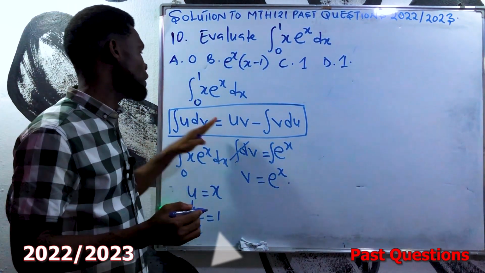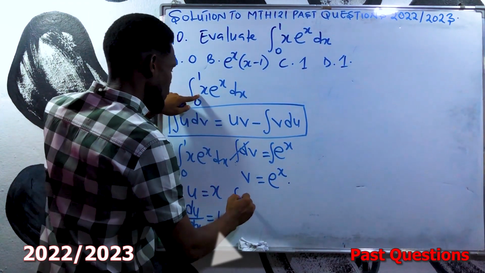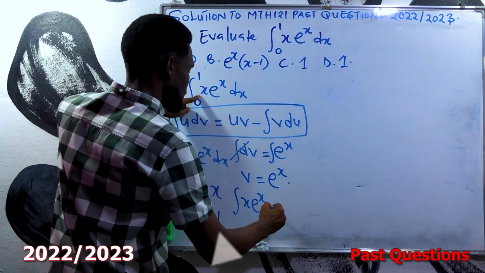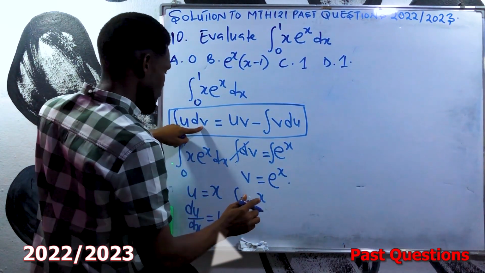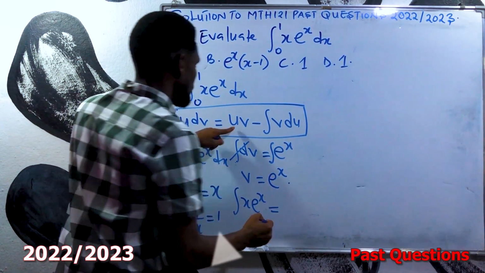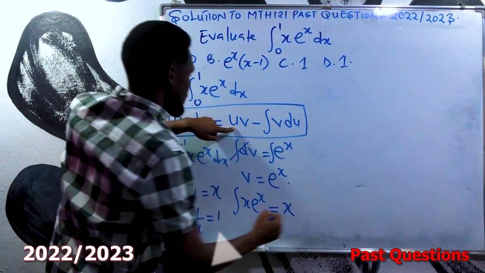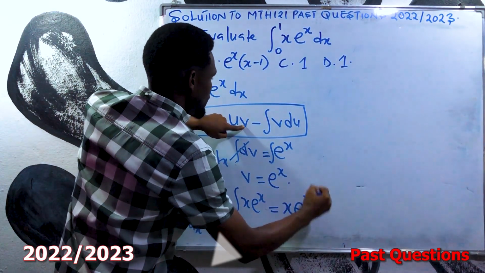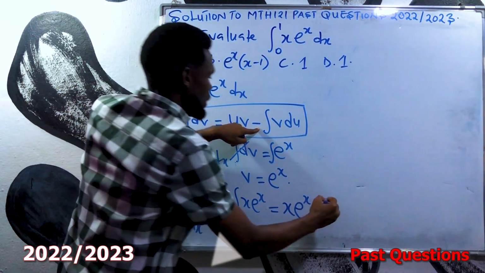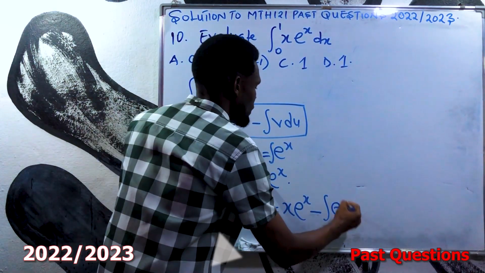Then I'll now substitute everything into the formula, that the integral of x exponential x is equals to x exponential x, because u is x and v is exponential x, minus the integral of v.